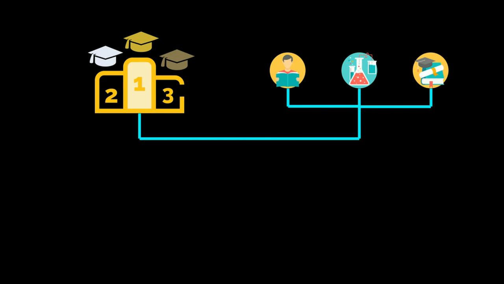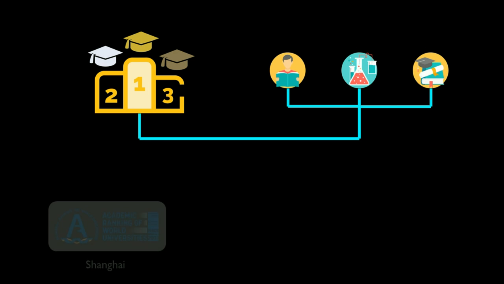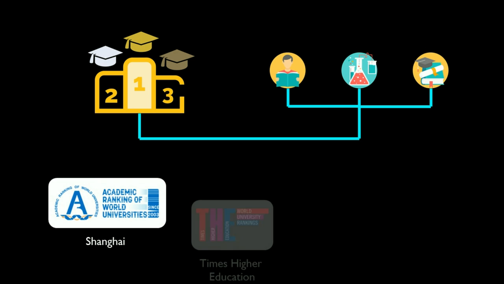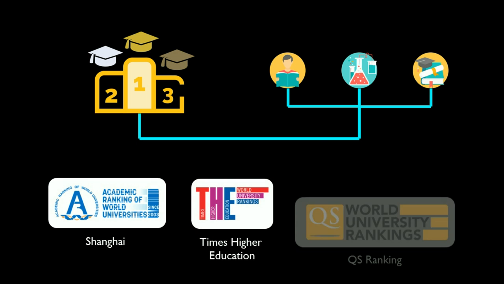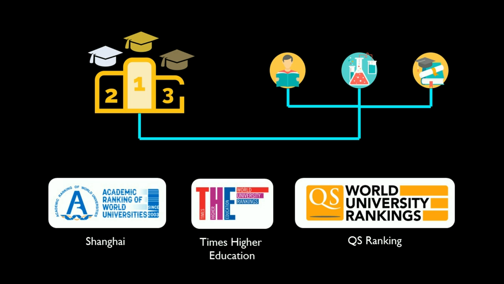Let's now go through a concrete example, and suppose we want to analyze university rankings. This might be interesting for students, researchers, and for the academic institutions themselves. There are many established university rankings that each year evaluate and rank the performances of academies all around the world.